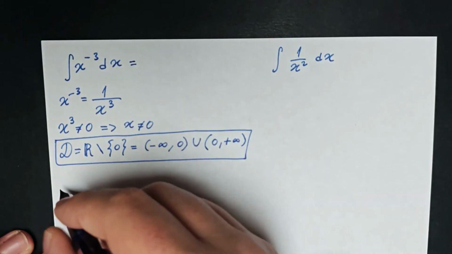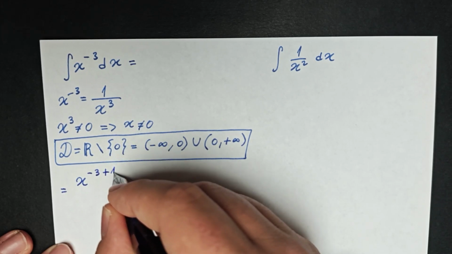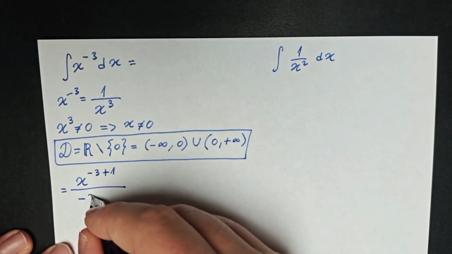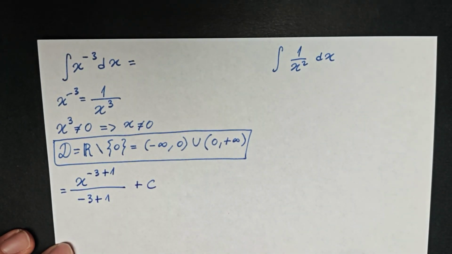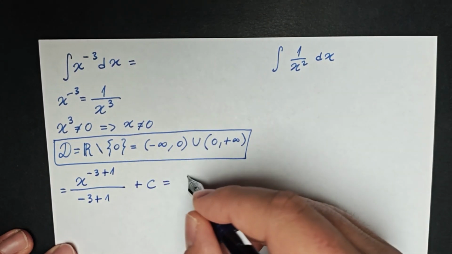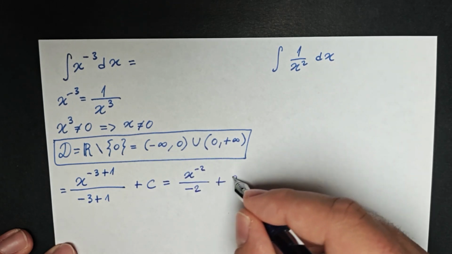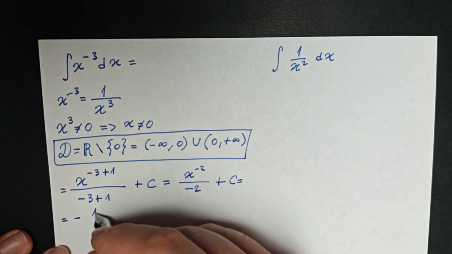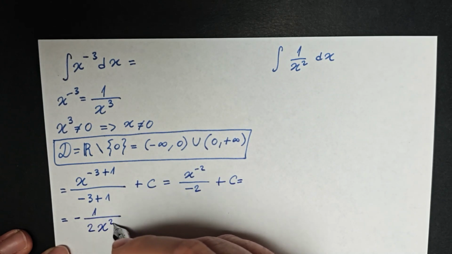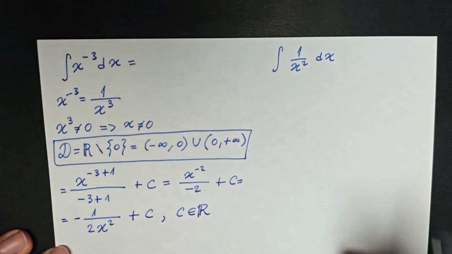So this integral is going to be x raised to the power of minus 3 plus 1 divided by minus 3 plus 1, and plus that arbitrary constant c at the end of the integration. So this is just x to the power negative 2 divided by negative 2 plus c, and that is going to give us the result of negative 1 over 2x squared plus c, where that c is any real number.